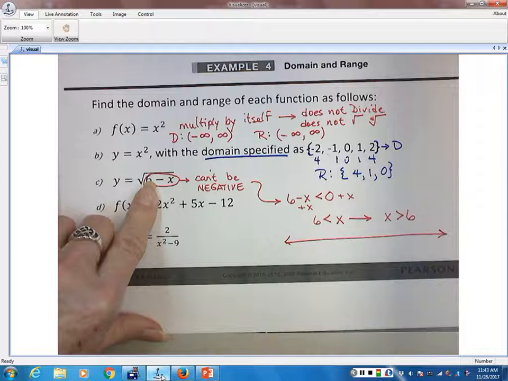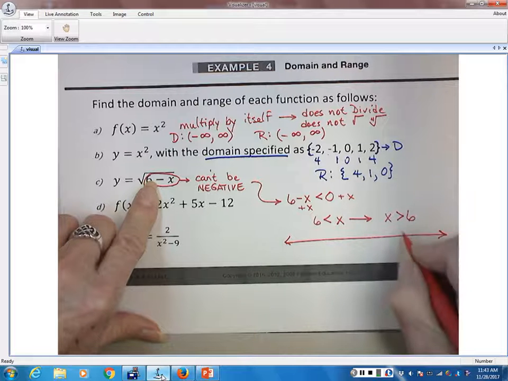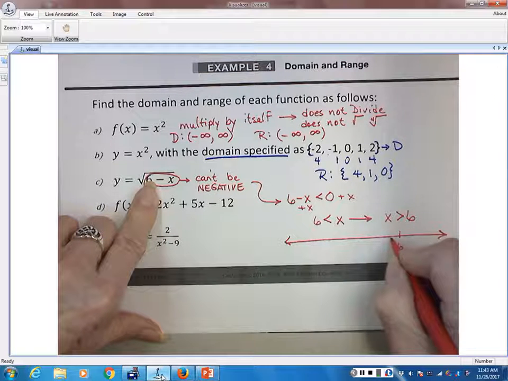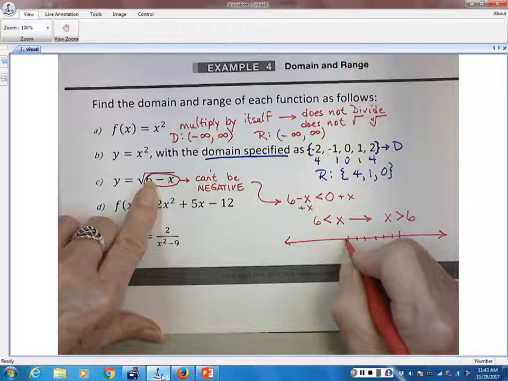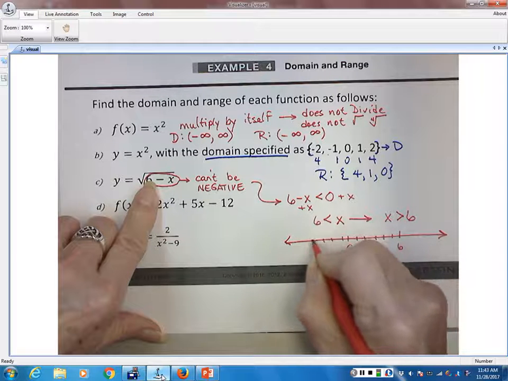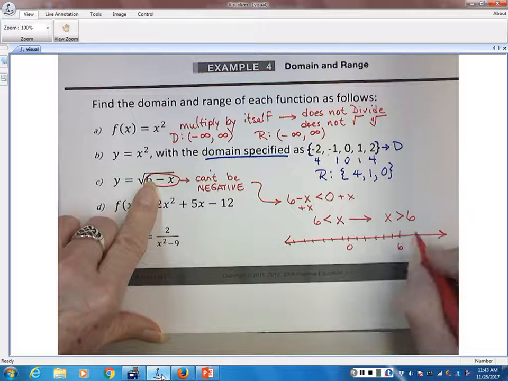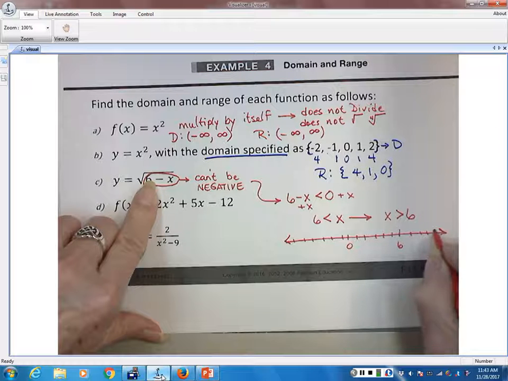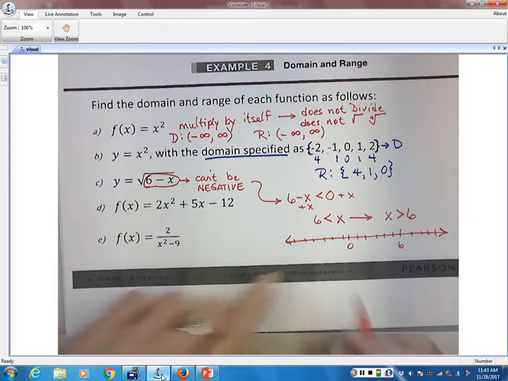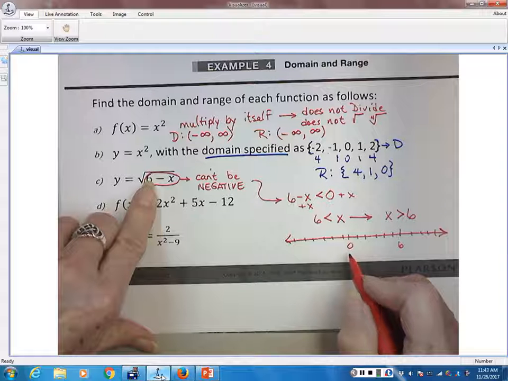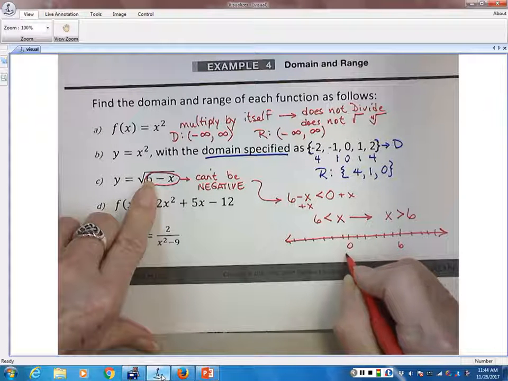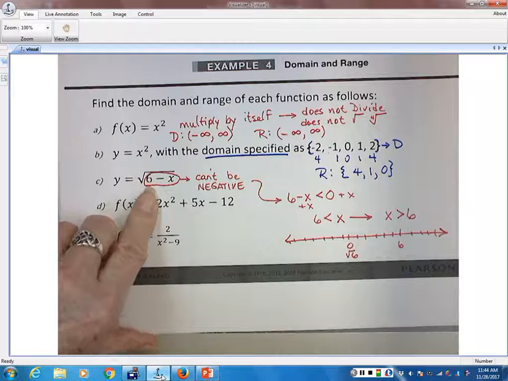And we can actually verify that. Here's 6, 5, 4, 3, 2, 1, 0. Negative 1, negative 2, negative 3, negative 4, negative 5, negative 6. And here's 7, 8, 9, 10. So if I say 6 minus 0, I get 6, right? And the square root of 6 is okay.